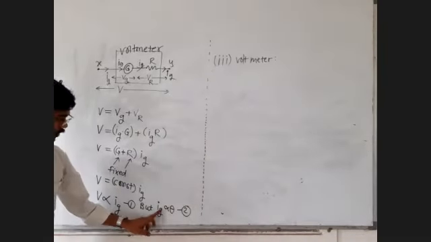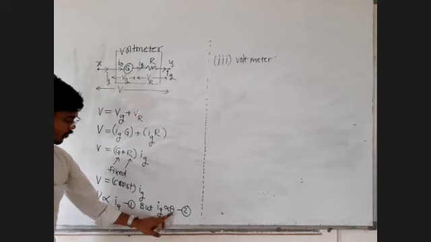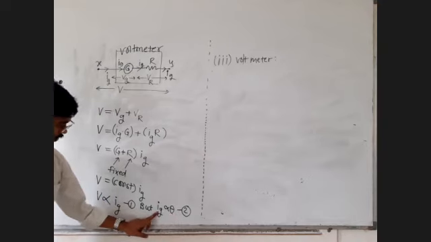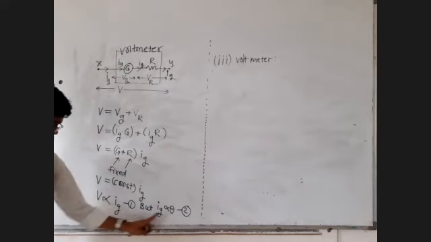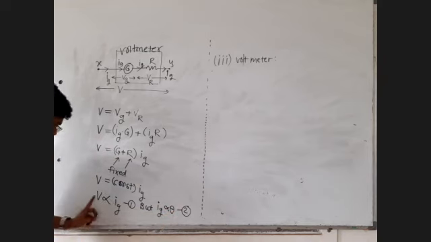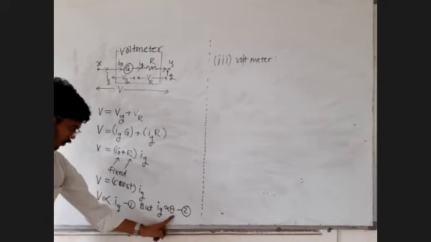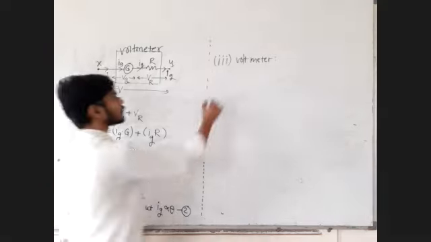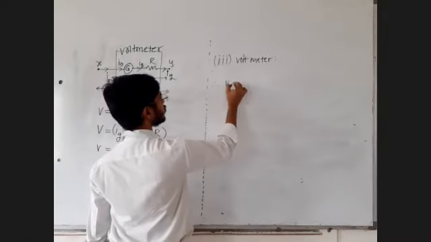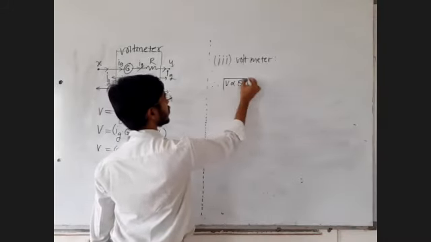V is proportional to Ig, Ig is proportional to theta, so V is proportional to theta.